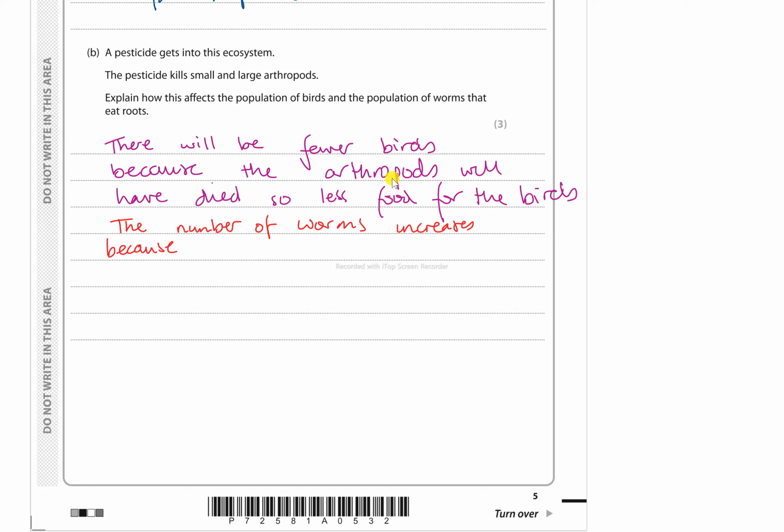It's because there are fewer arthropods, or predators, eating them. Yeah, so that's it. It's just talking about the population of worms, not what effect it has on the plants. So we don't need to answer that.